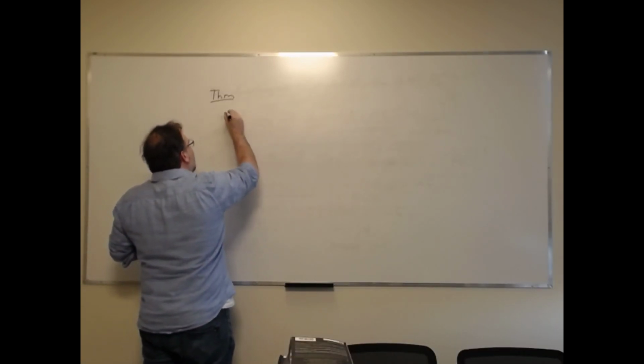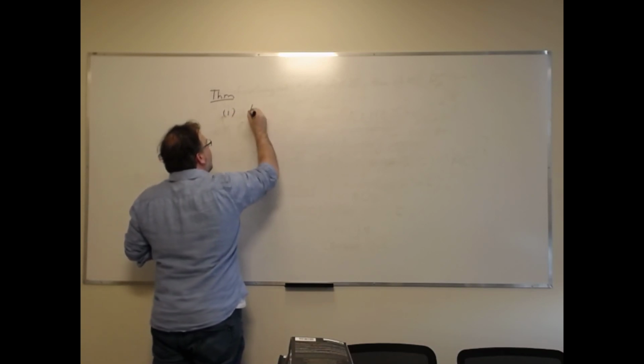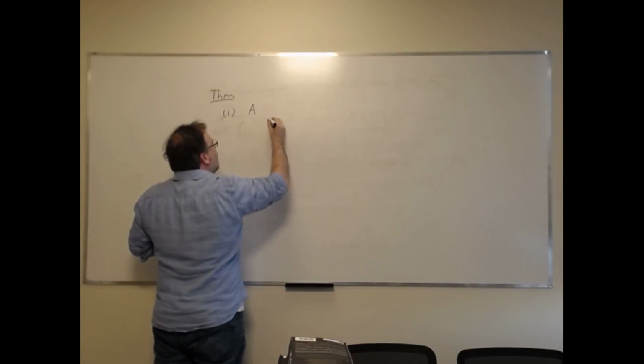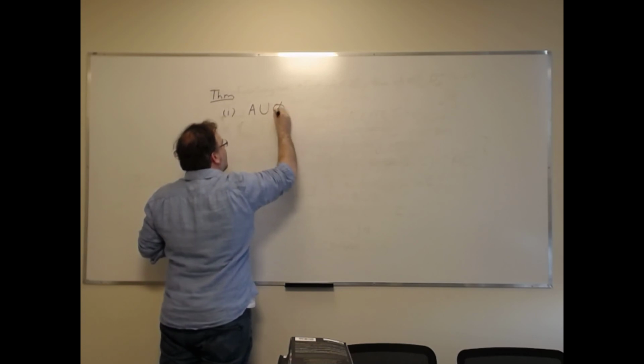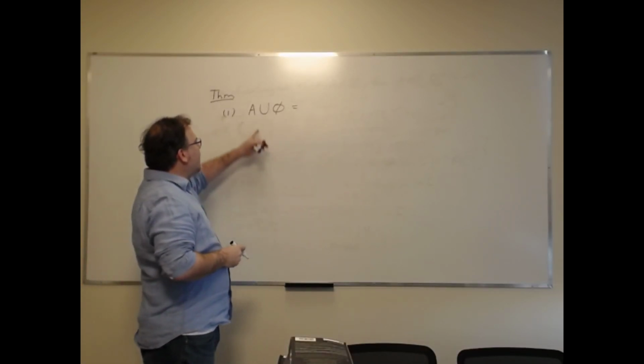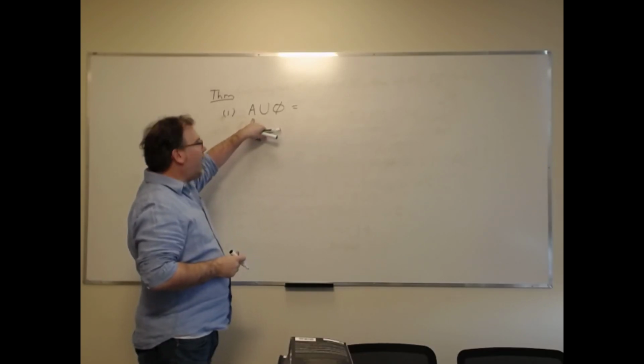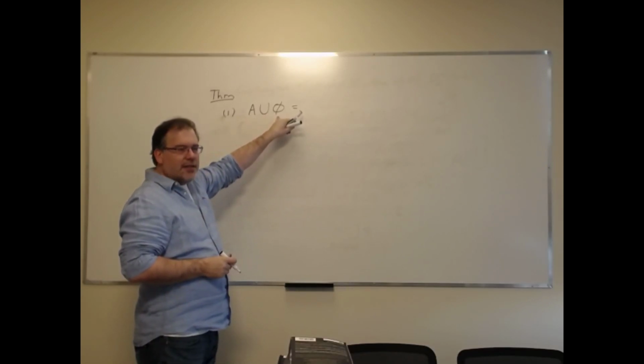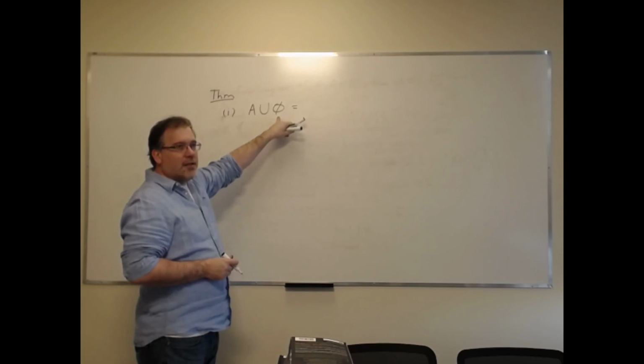So the first property has to do with the union of A and the empty set. What do you think that is? So that's the set that contains all the elements in A plus all the elements in the empty set. Now there are no elements in the empty set.